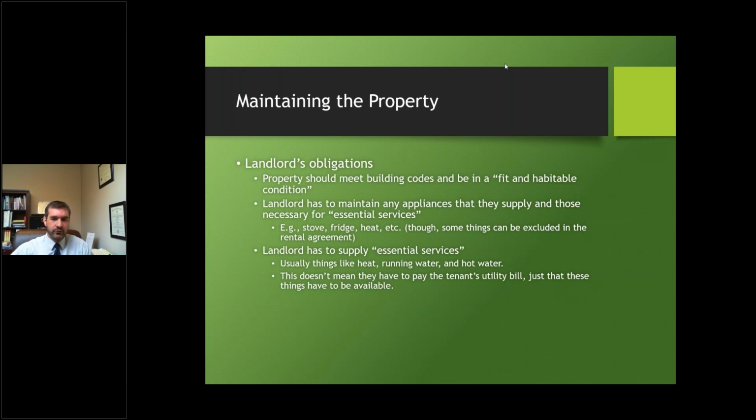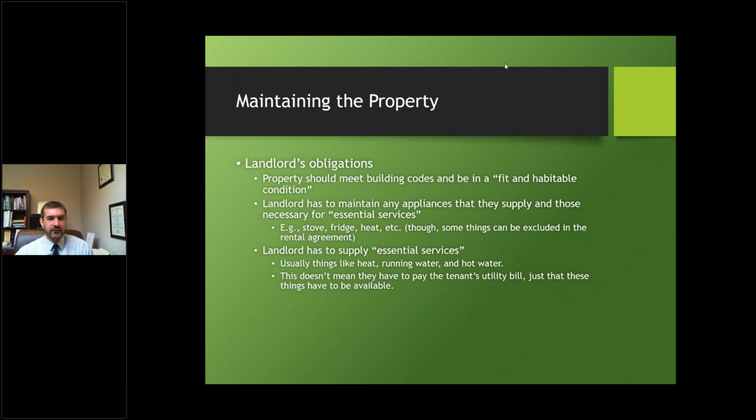So if there are holes in the structure allowing access from the outside, rodents could get in, certainly you have a fitness and habitability issue there. It's also the landlord's obligation to comply with any building codes that the locality has. Those are the two main requirements.